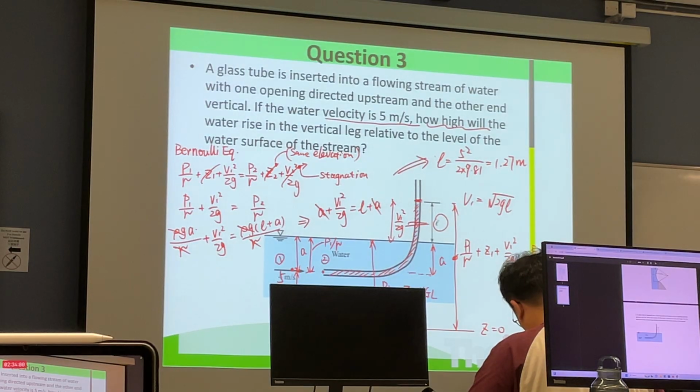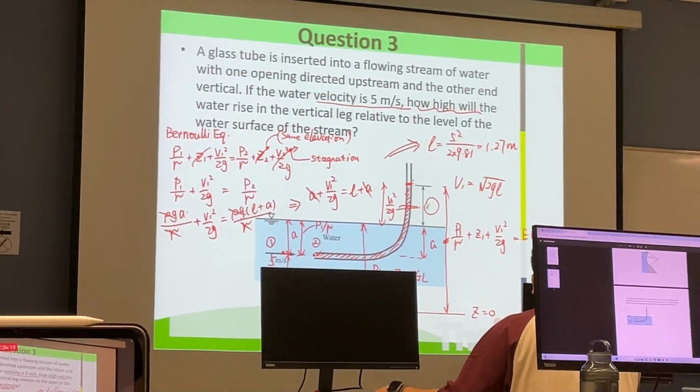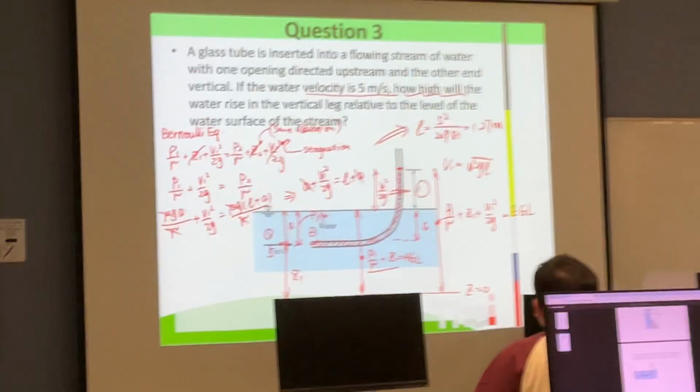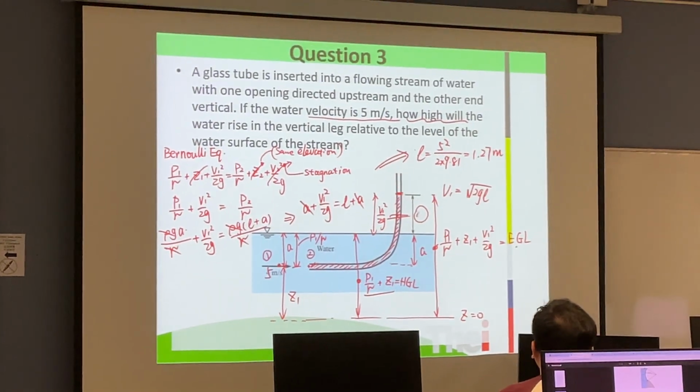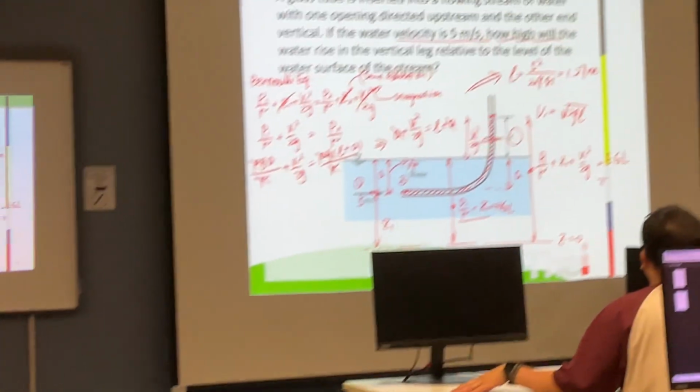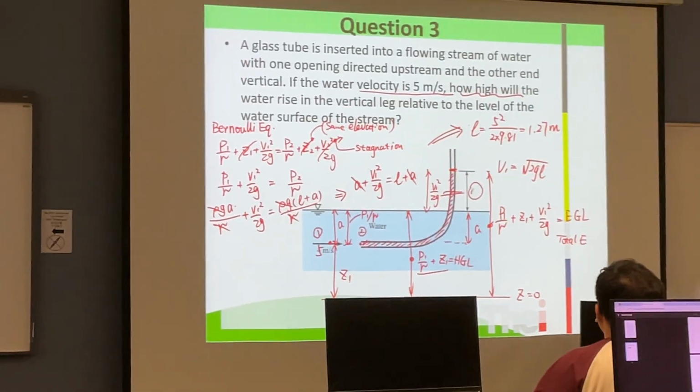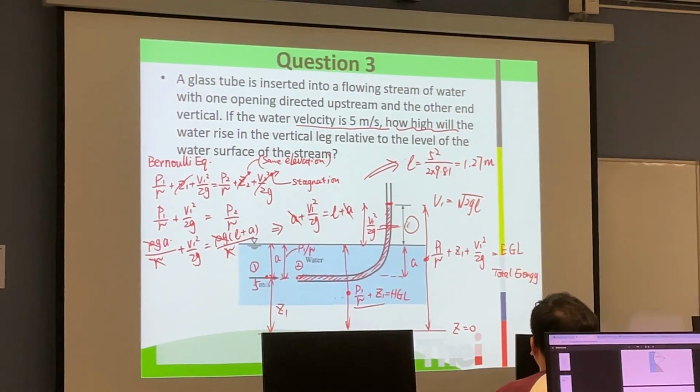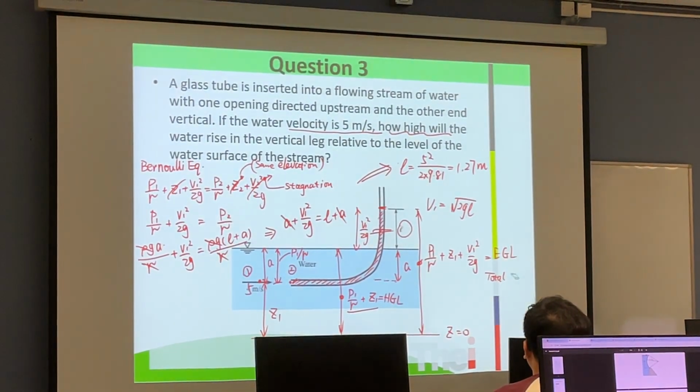And if you use the pitot tube to measure it, the absolute level of the water in the tube indicates the EGL, the energy grade line level, and it represents the total energy, the total head.